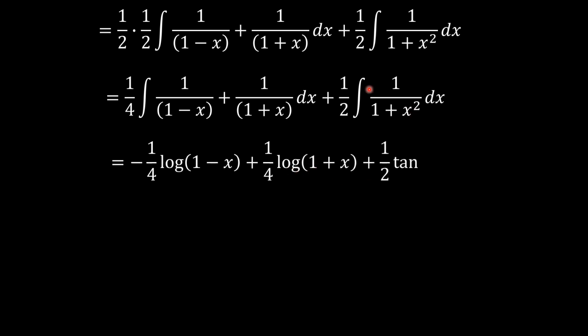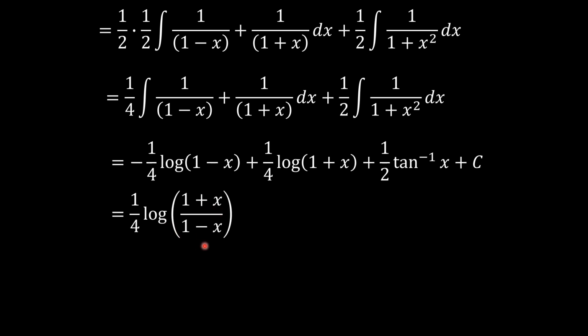And this is obviously a famous integral, so we have plus 1 over 2 arctangent of x plus c. So we can re-express this using the rules of logarithm, where we have a quarter natural logarithm of 1 plus x over 1 minus x plus a half arctangent of x plus the integration constant. So that is the answer that was being sought for.